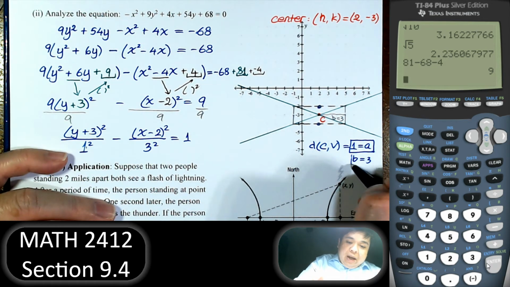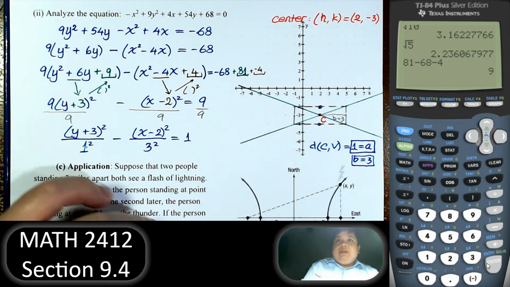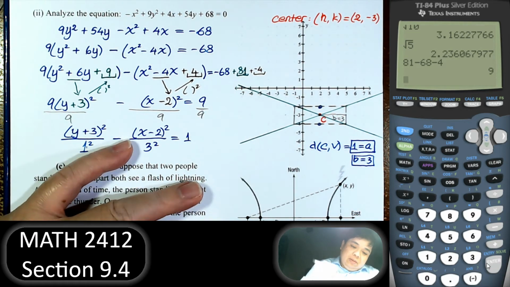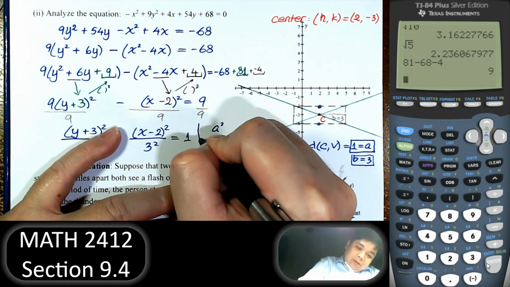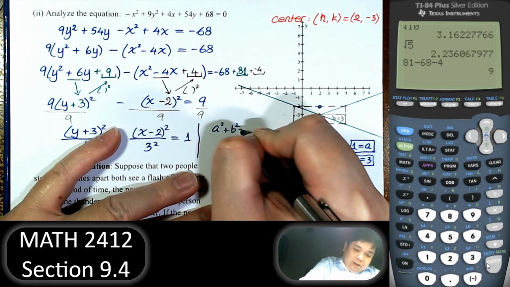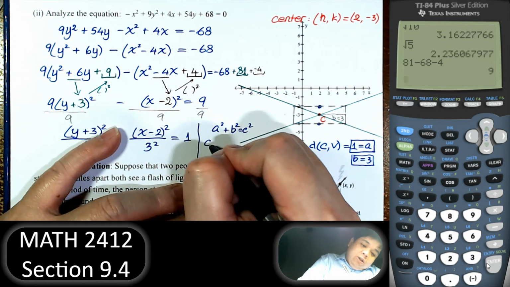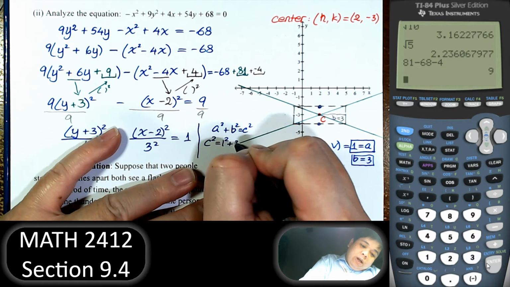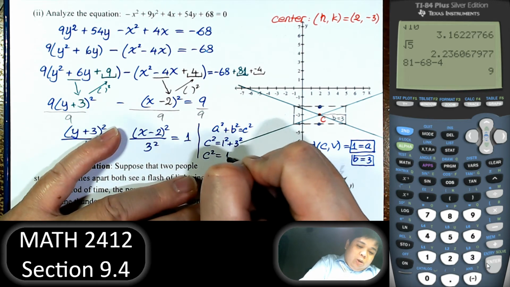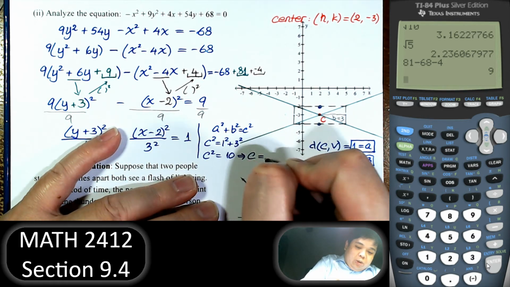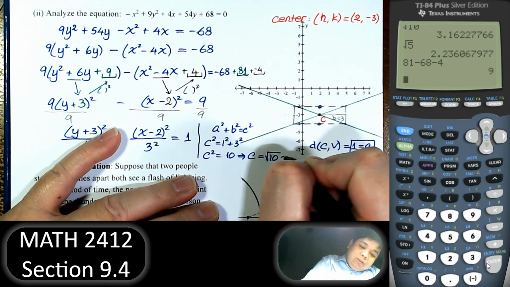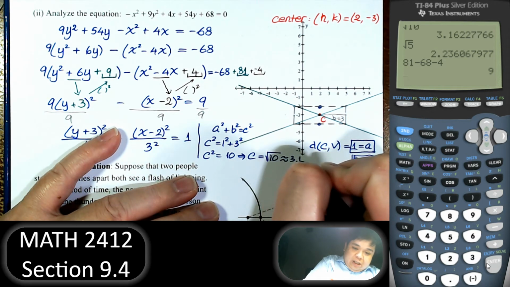Right, we have a and b. Of course, we can find c. So c squared is 1 squared plus 3 squared. So c squared is equal to 10, and c is equal to square root of 10, which is 3.16.